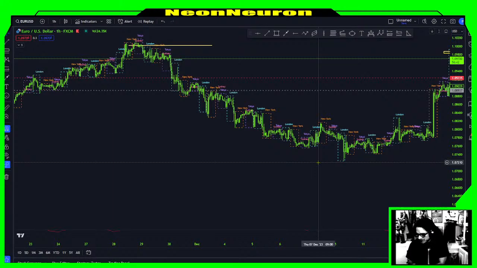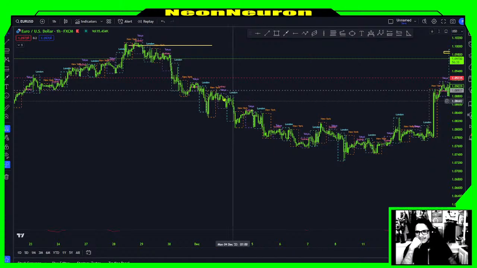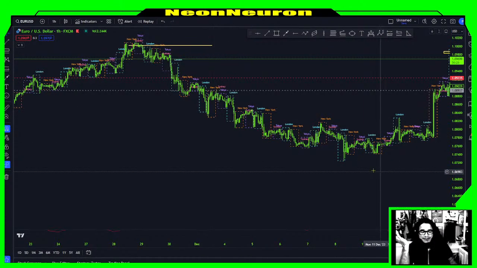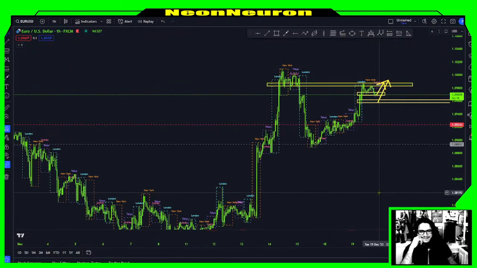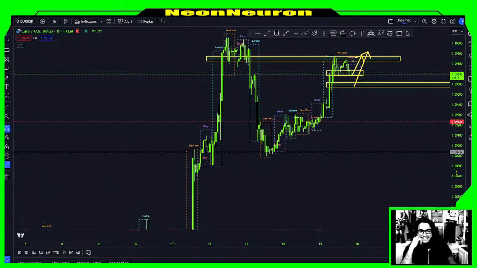Let's see, 278 times 0.03, I think was my lot size. So that would have been $80. If I would have been able to hold it for that long and it didn't close prematurely, it would have been an $80 trade, which for a small account and for a new trader, it doesn't seem like a lot, but it is.